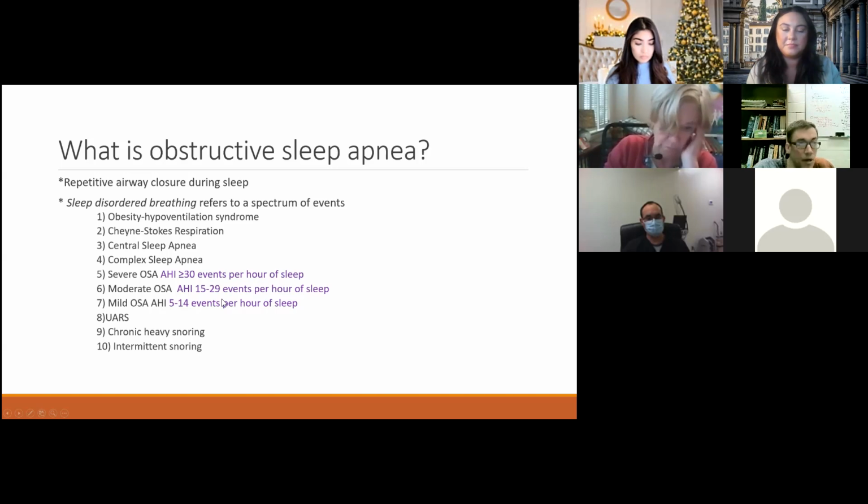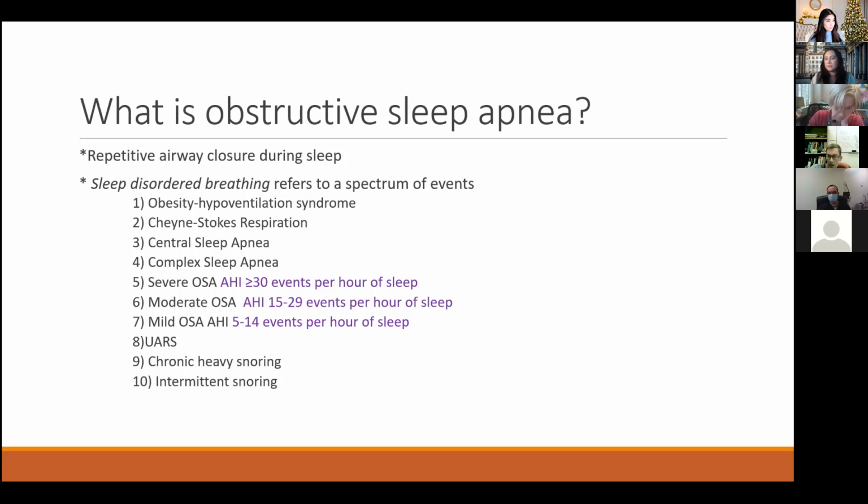And then there's some debate on upper airway resistance syndrome, where people are having respiratory events that don't quite meet the criteria, which we'll review, for an apnea or hypopnea. They do seem to have fragmented sleep and things related to that, but there's some debate about that.